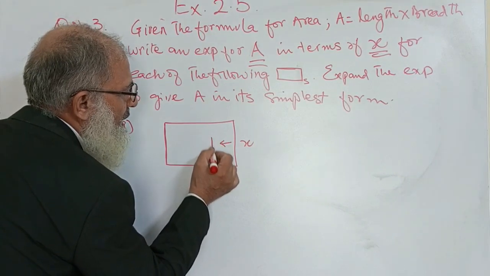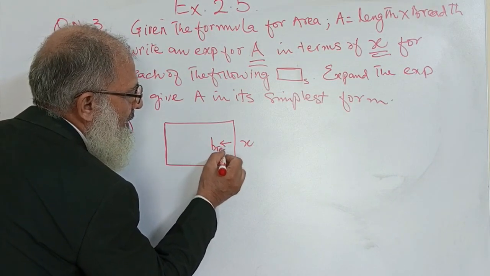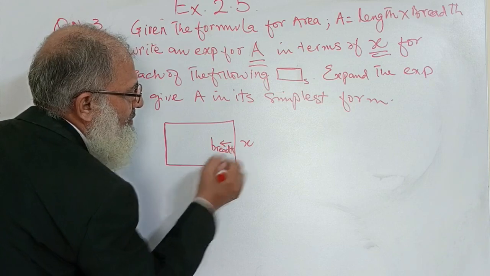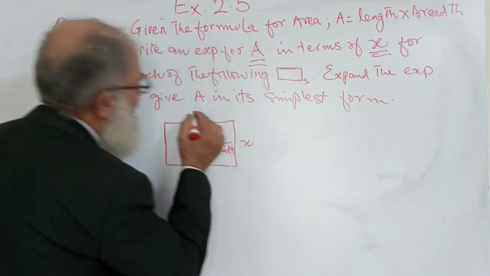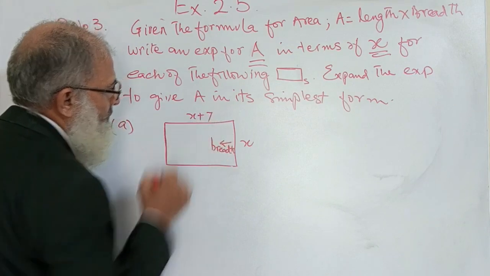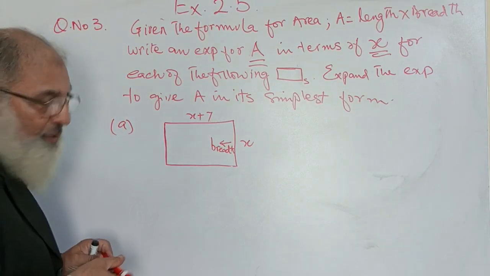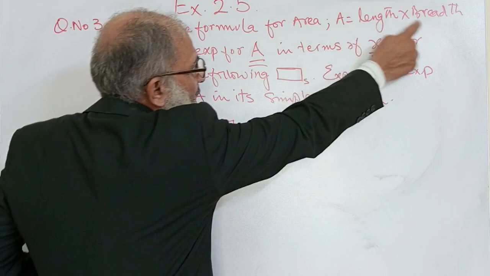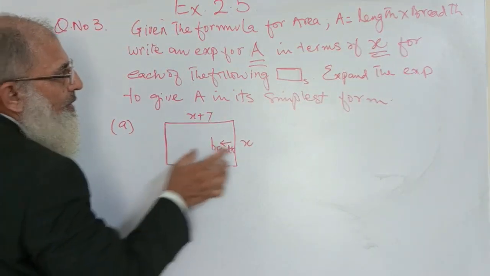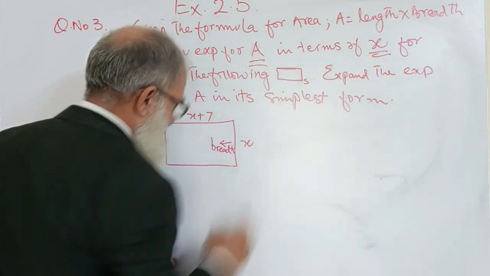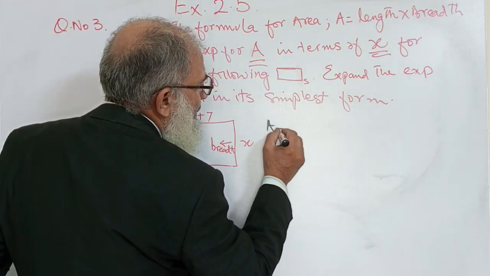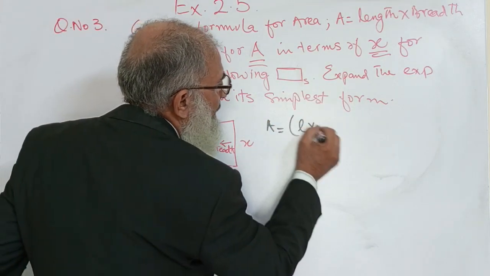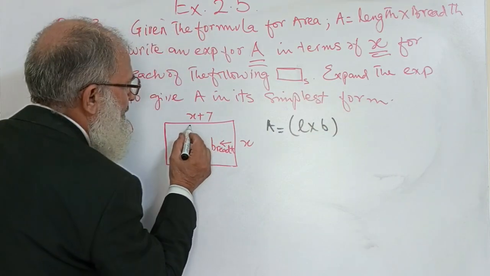Let me write B R E. Now, this is breadth. And the larger side is x plus 7. Now, what we have to do is A equals length multiplied by breadth, in terms of x. Now, this is length.